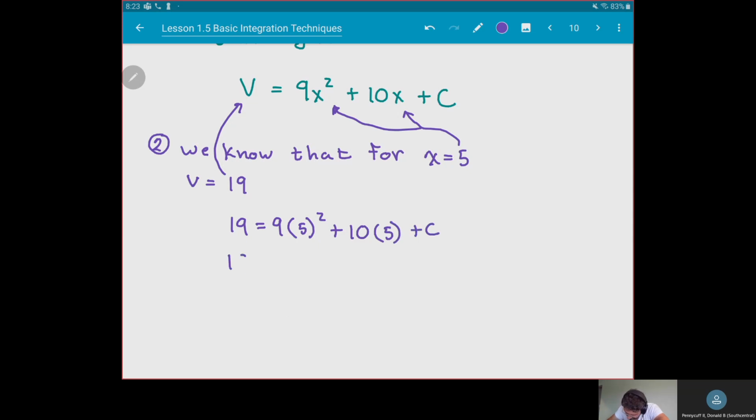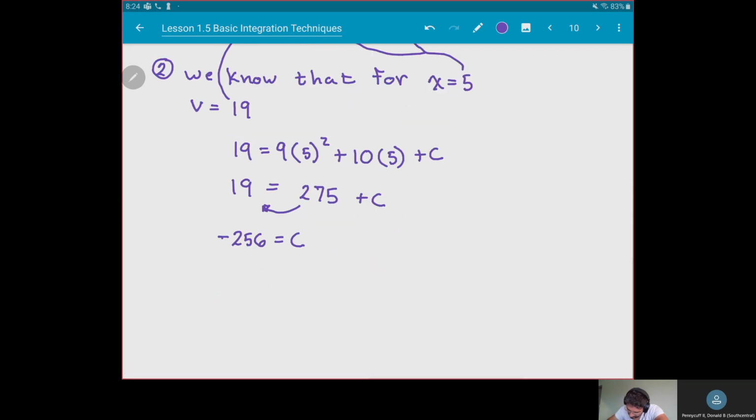So 19 equals, clear this out, 9 times 25 plus 50, 275. Move that over. Negative 256 equals my c.